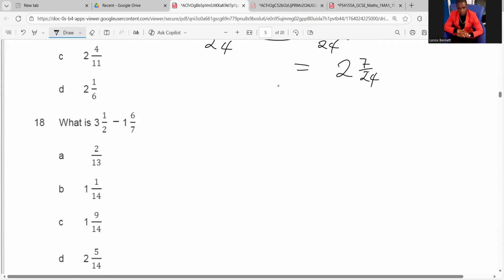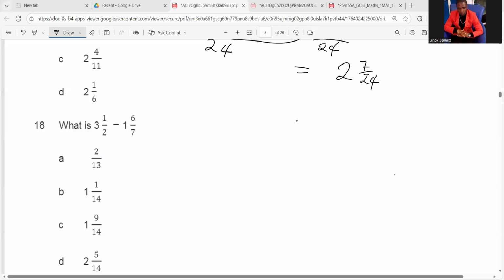More fractions. What is 3.5 minus 1 and 6/7? Alright, so we have 3.5 minus 1 and 6/7.